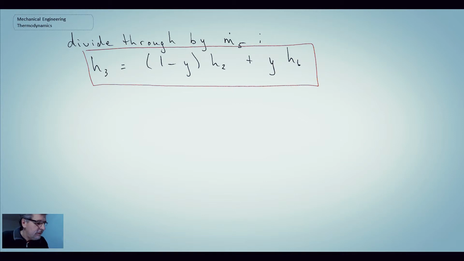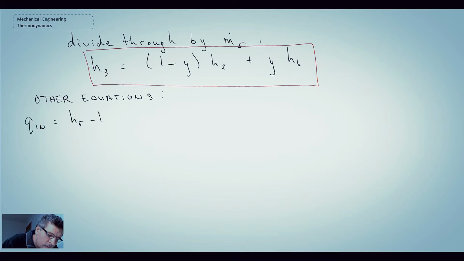Now, in a similar way, we can come up with other equations for our regenerative Rankine with an open feedwater heater. Q in is just the change in enthalpy across the boiler. Q out would be the fluid stream going through our condenser.